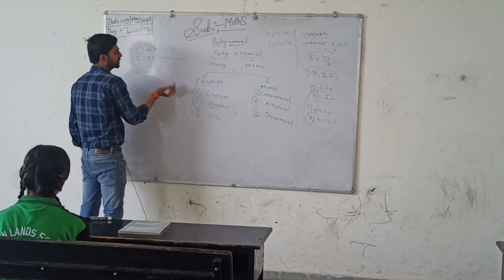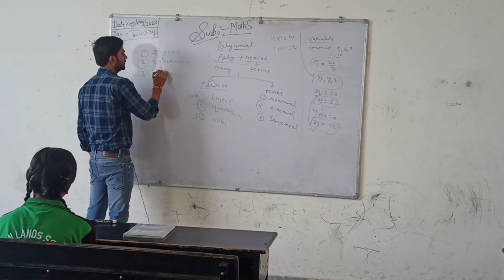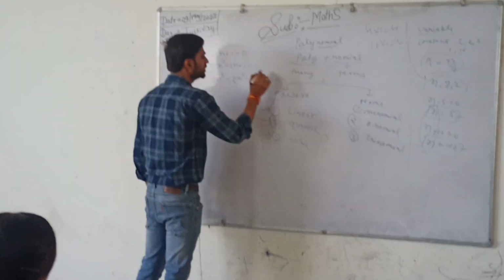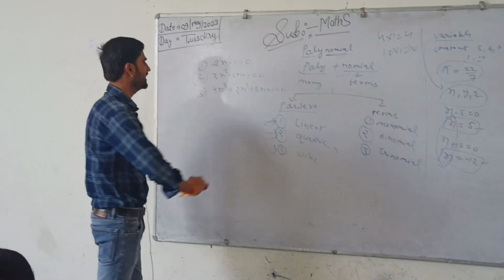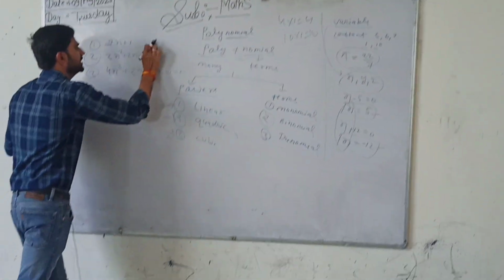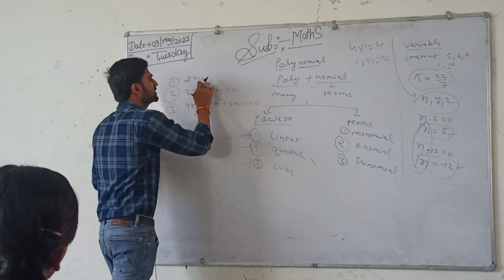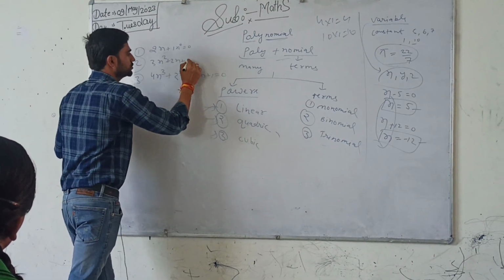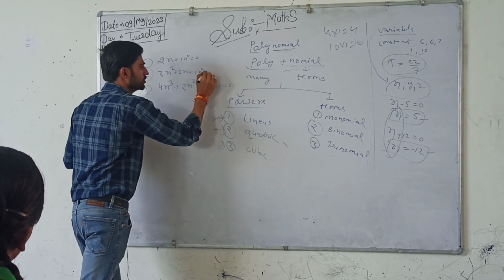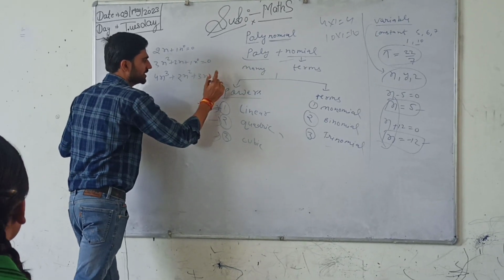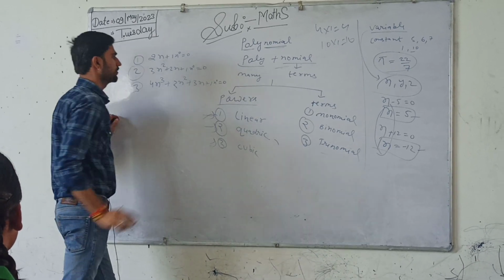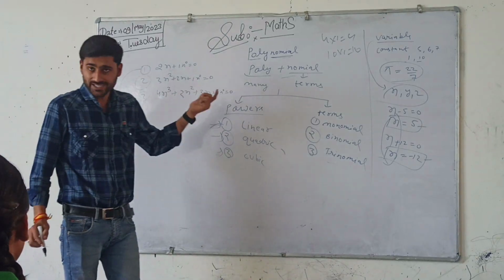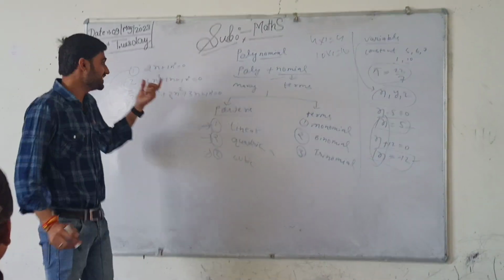Third one is the cubic equation: x to the power 3 plus 2x square plus 3x plus 1 is equal to 0. So beta, we can write it here. Example number one means this is the linear equation.